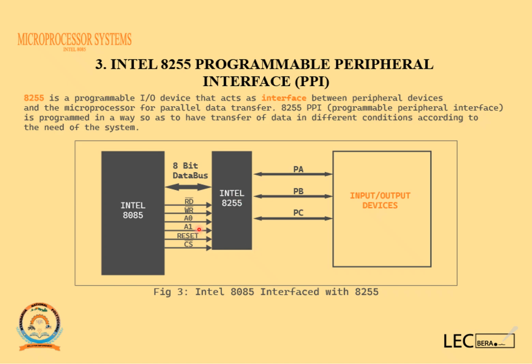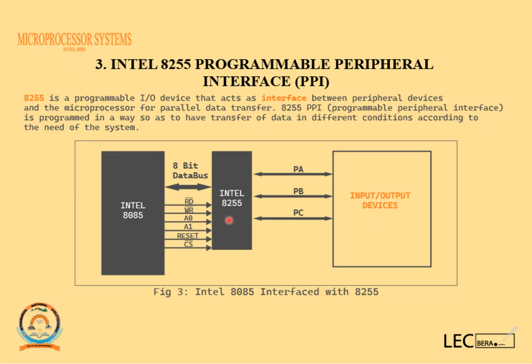A0 and A1 are for selecting which port we are going to use. Reset is for resetting the operations of the Intel 8255, including the configuration we've made. Chip select is for activating this IC.